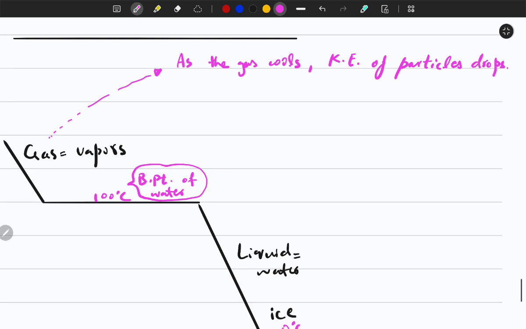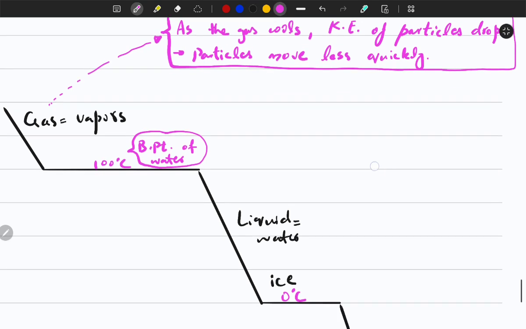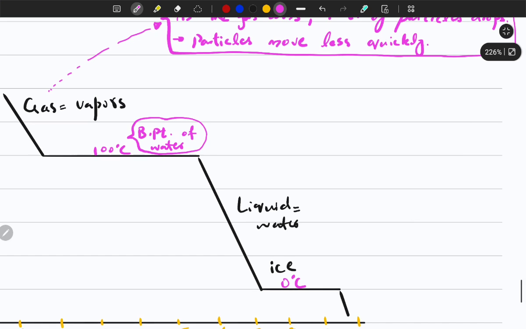So the particles move less and less quickly, less rapidly. Their movement slows down due to less and less energy. When you're cooling it down, you're decreasing energy. Okay? So at 100, the particles would not have enough energy to collide rapidly.